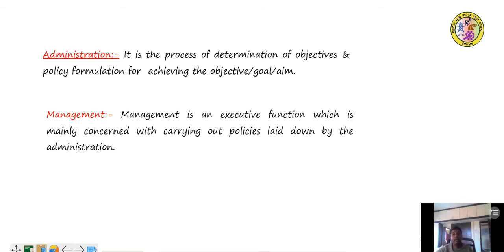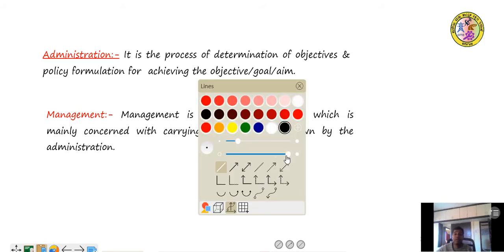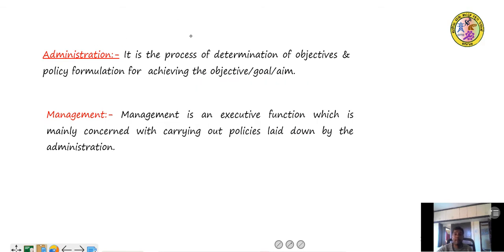So in brief, we can define administration. It is the process of determination of objectives and policy formulation for achieving the objective or goal aim.